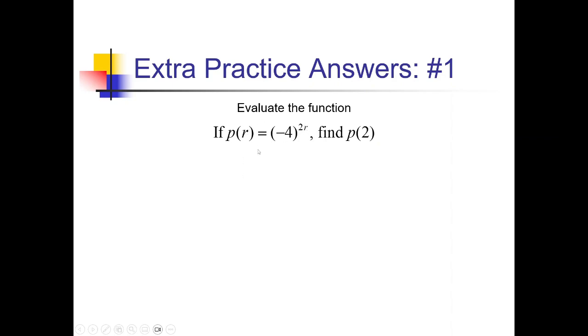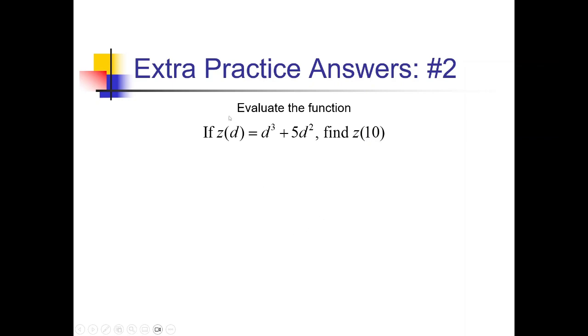So I've got p of 2 equals negative 4 to the 2 times 2 power. So I just put in red here what I replaced. And now I can simplify this to 2 times 2 is 4 up there. And then negative 4 to the 4th power. Let's see, that's going to come out positive because we have an even exponent. And 4 to the 4th is 256.